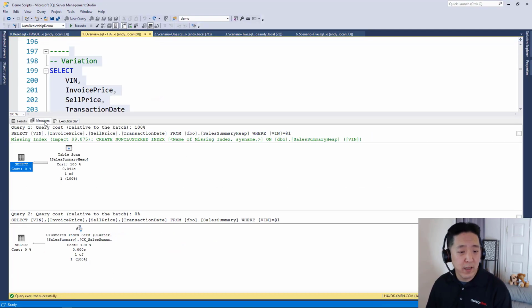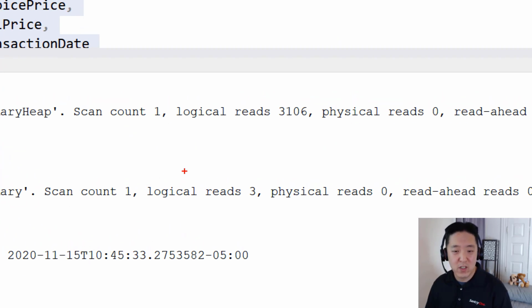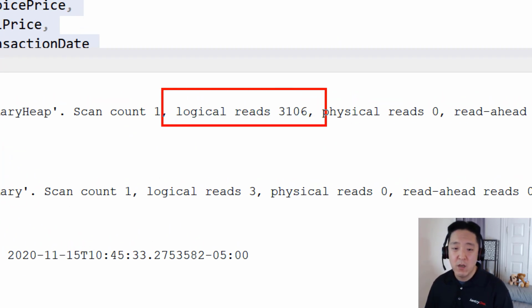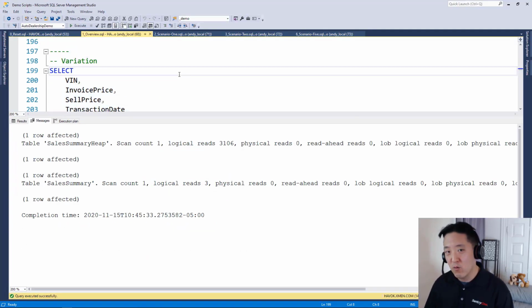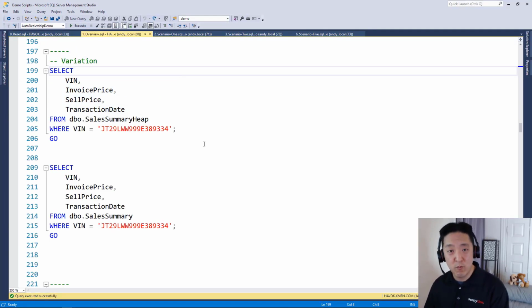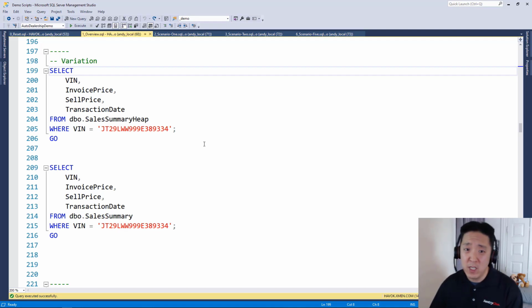And if I look at the underlying I/O, this is where I see the tremendous difference. Of course, this is the full scan where I had to read through everything, but in this case, I was able to seek on that specific value. So this is where the advantages of having indexes and clustering start coming into play. We're able to get these really nice seek operations and greatly reduce the amount of I/O that we need behind the scenes.